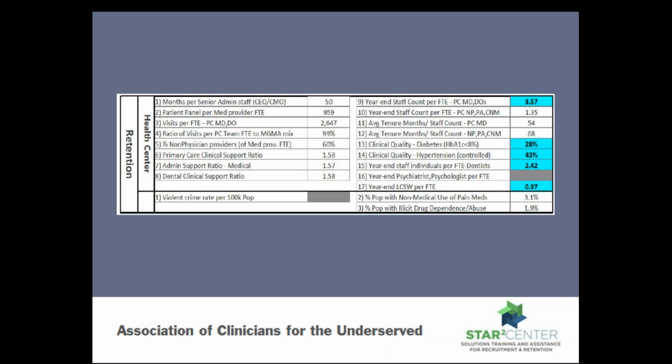What can we do here to affect this clinical issue, but also to really support our clinicians and improve our retention of those clinicians? So that's why some of those are included. Same down at the bottom, we included a couple from the National Survey on Drug Use and Health that looked in your service area at the percentage of your population with either non-medical use of pain meds or illicit drug dependence or abuse.